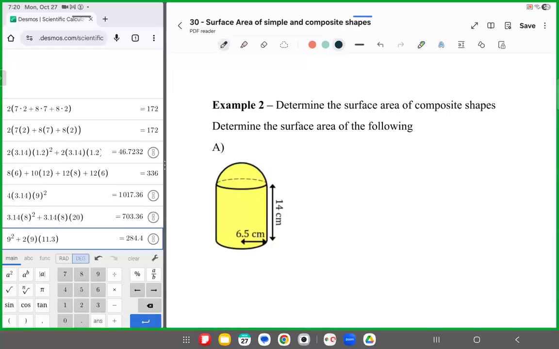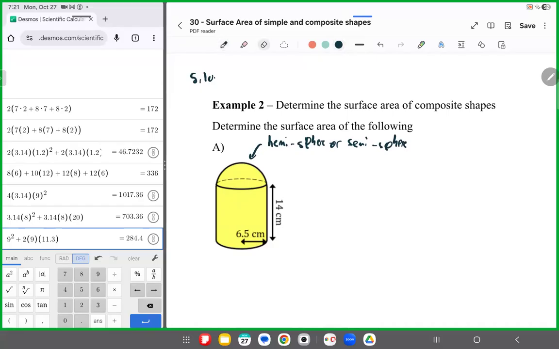So letter A here, we have the silo. That is a cylinder with half a sphere on top. Some people call it a hemisphere or semisphere.